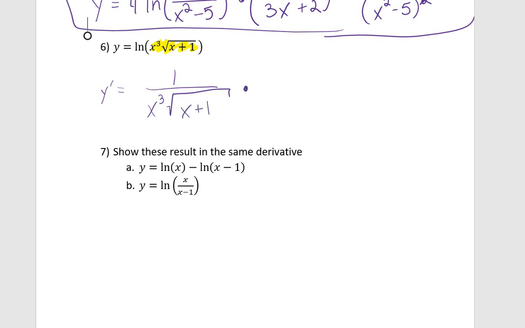So since these two are being multiplied together, we're going to have to use the product rule. So we're going to have 3x squared times the square root of x plus 1, plus x to the third times 1/2 x plus 1 to the negative 1/2 times 1.